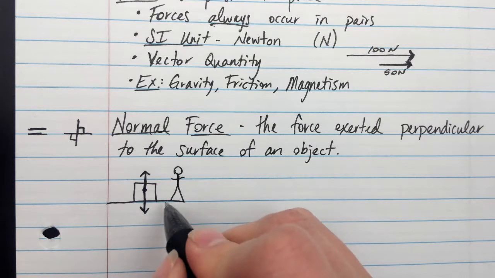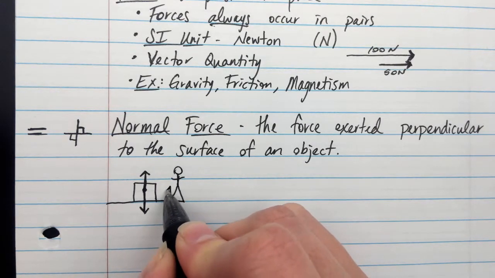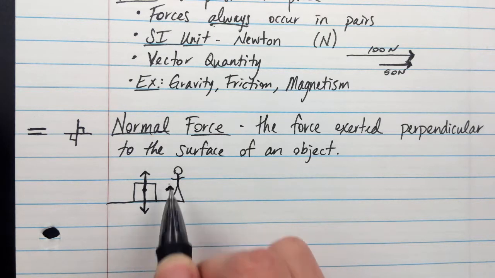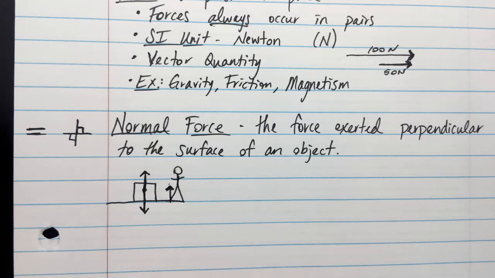Gravity's pulling me down. The ground, the normal force comes out perpendicular to the surface. That's the surface of the ground. It comes out of the ground. Because gravity's trying to pull me through the ground. The normal force is the force that keeps things from passing through each other.